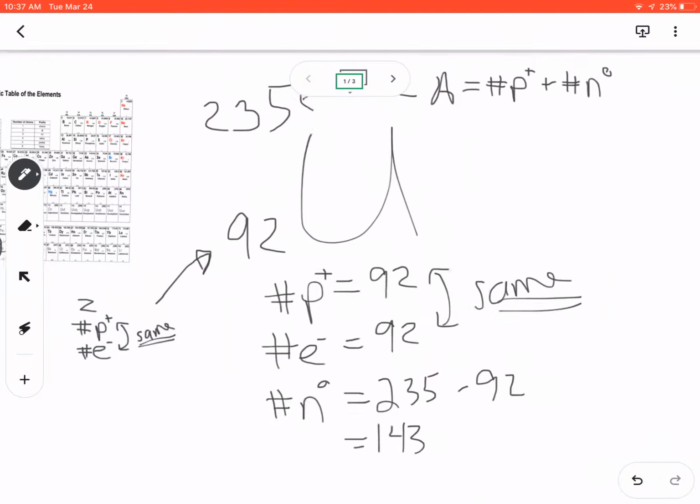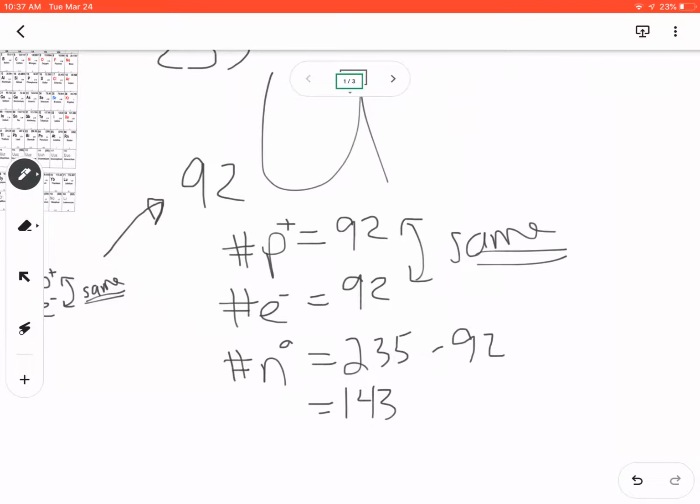You're going to need to know how to do this in order to draw your Bohr diagrams, which represent an atom with the number of protons in the nucleus and the number of electrons in the orbits. We're really not worried about the number of neutrons, because they're neutral, which means they don't affect the chemistry very much. But we do need to know the number of protons and electrons.